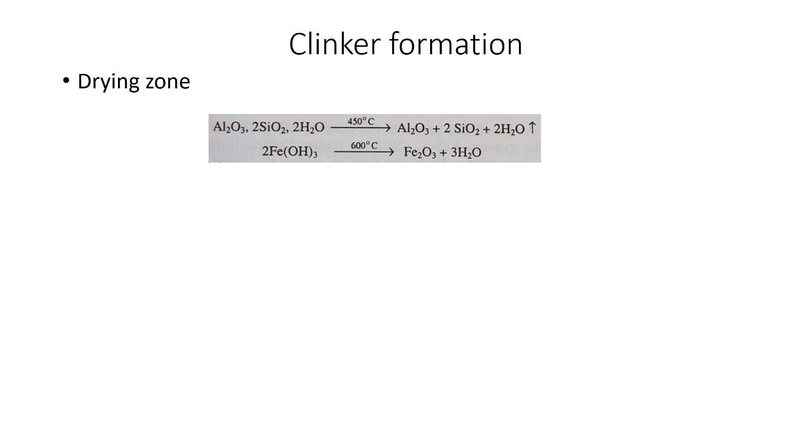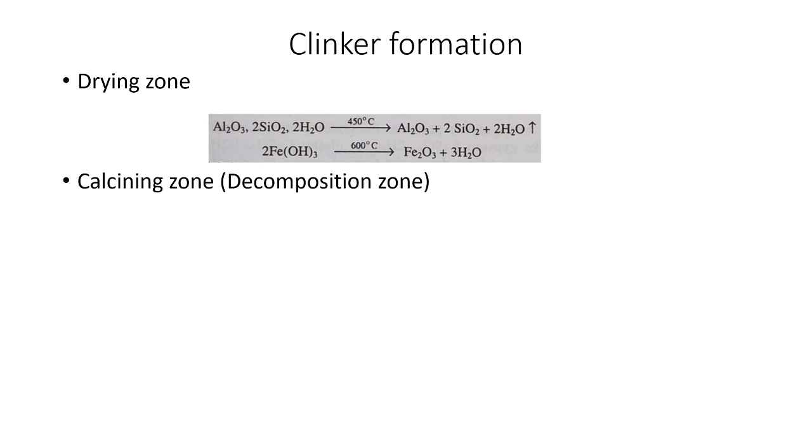Then the charge moves ahead to a still hotter zone, at 900 or 1000 degrees Celsius, and this zone is called the calcining zone or decomposition zone. Here the lime, that is calcium carbonate, gets decomposed and carbon dioxide gets removed.